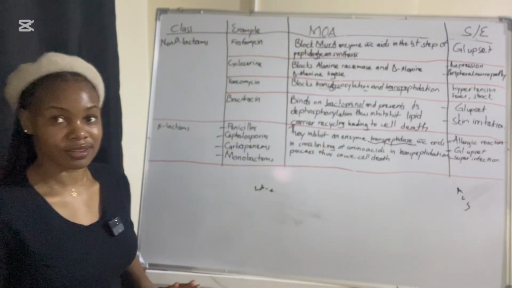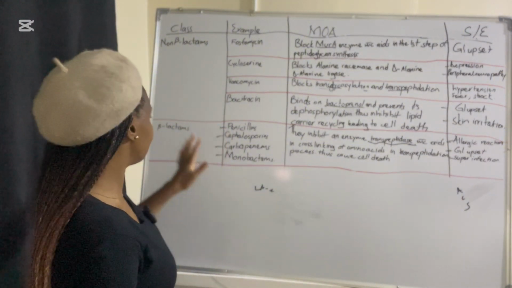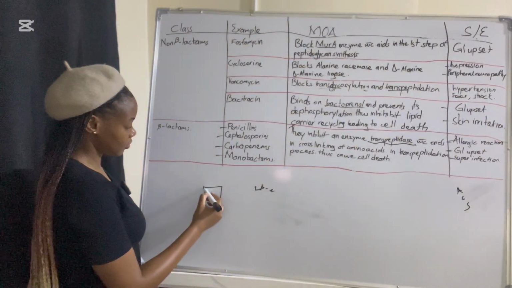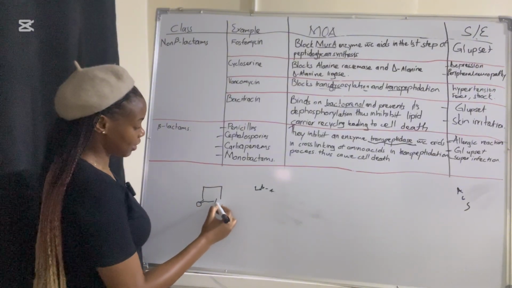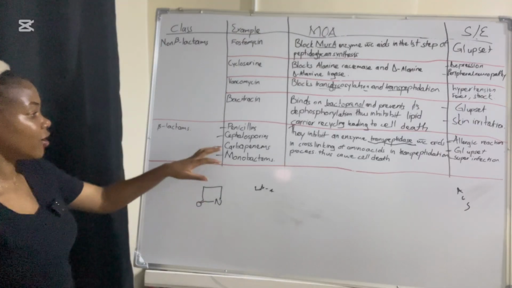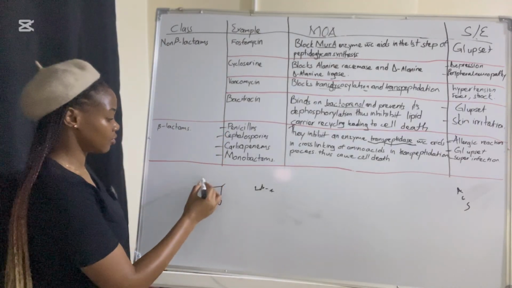Another important note that I cannot leave behind, we very well know that beta lactams are made of a ring. They have a beta lactam ring. This beta lactam ring is so exposed in penicillins and cephalosporins.